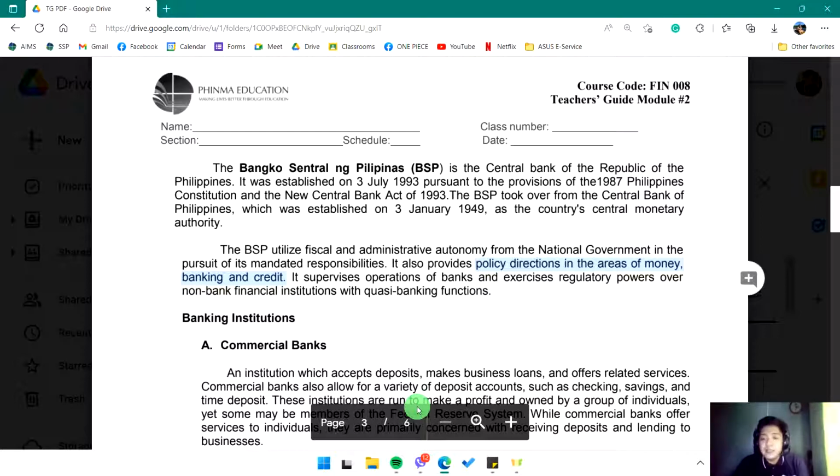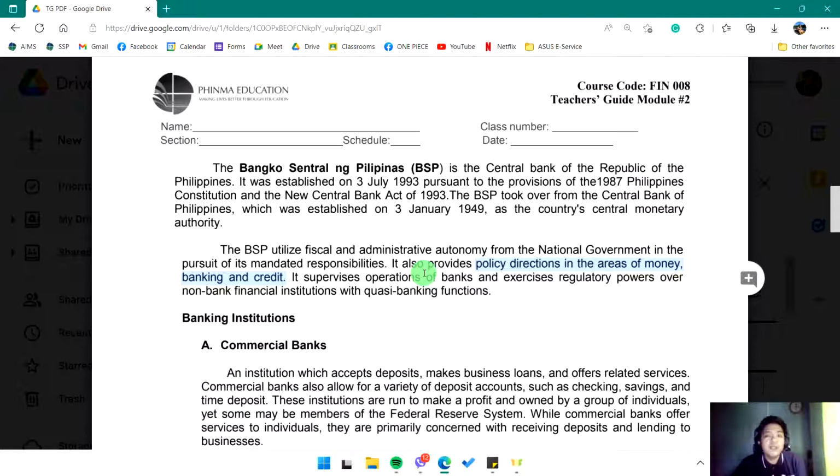And BSP, of course, is not privately owned. It is actually technically not a bank, no? Kasi hindi ka naman pwede ditong I'm not sure if you can deposit money here in Bangko Sentral ng Pilipinas, if they have credit card services. Pero the main purpose of BSP is really to regulate these banks that we have here in the Philippines. So, ito pong mga privately owned banks sa atin, sinusunod nila kung ano man yung mga policy directions na ginagawa ni BSP in the areas of money, banking, and credit.